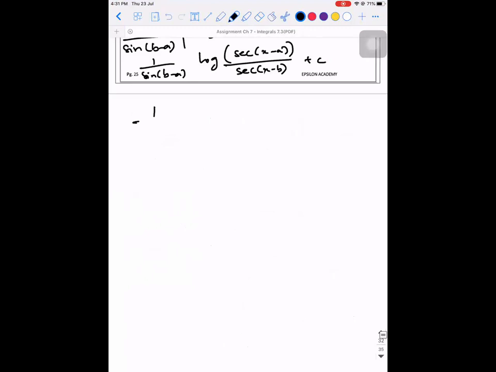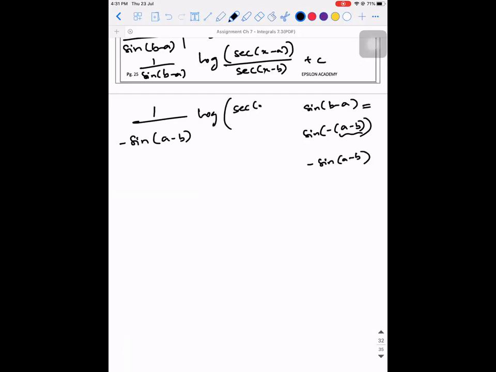See, if I write this as sin of A minus B, then I need to put a minus sign outside, because sin B minus A is nothing but sin of minus of A minus B, correct? Sin of minus x is minus sin x, correct?